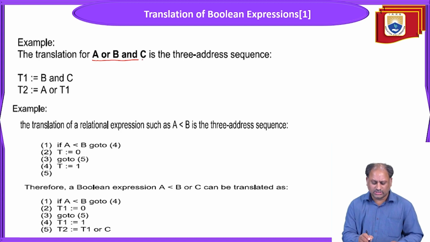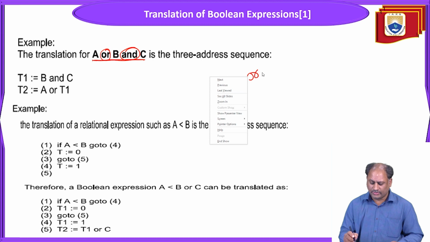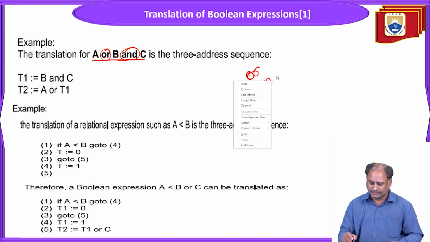How can A or B and C be translated? First, initially we can see here there are two operators. One is the OR operator and the second one is the AND operator.